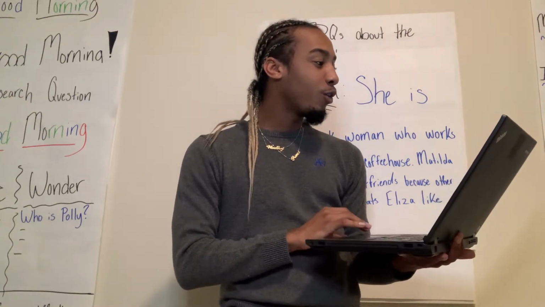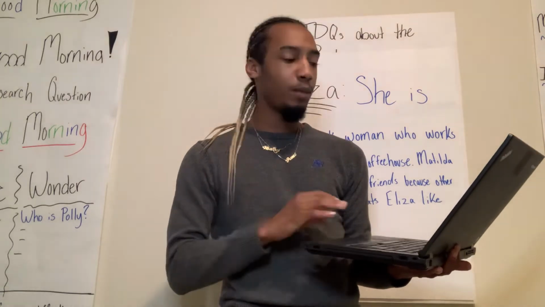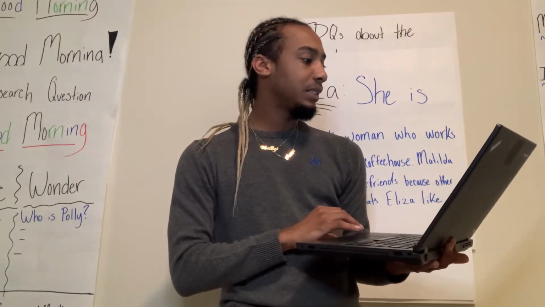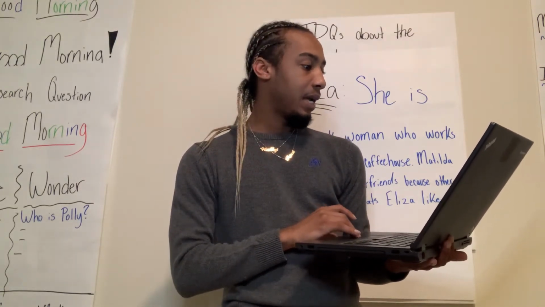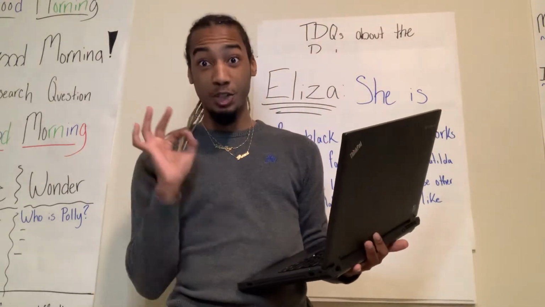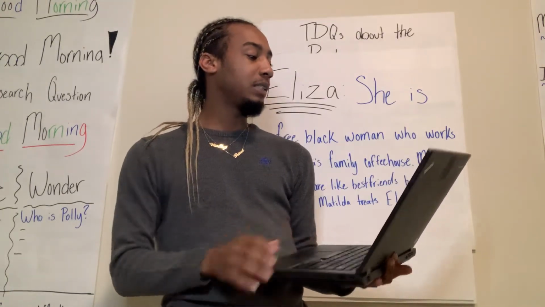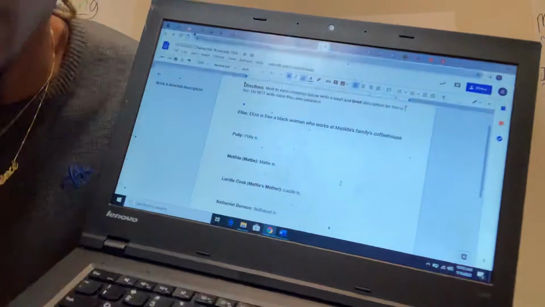All right, so 704, for this part of your assignment, we're doing more character analysis, and I asked you guys to give me a quick, brief, short description of a couple of characters. You'll see this on your assignment.